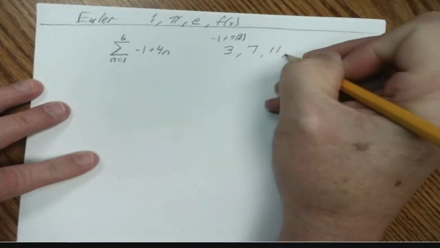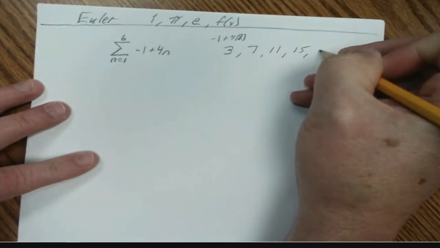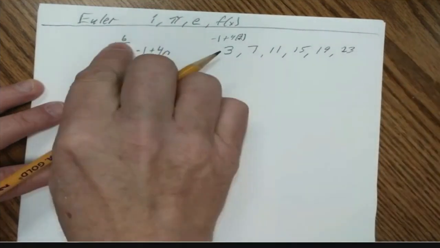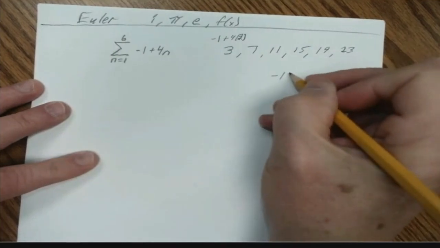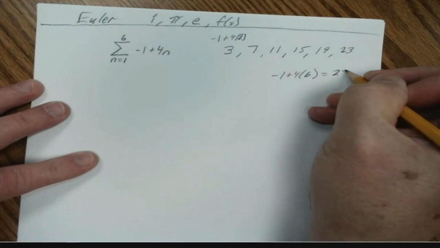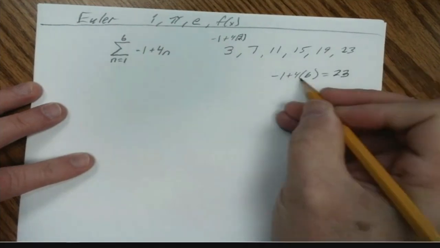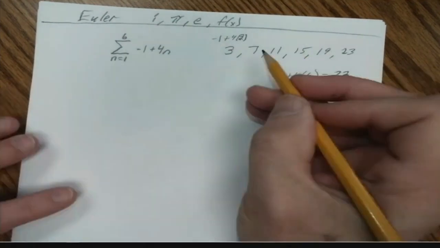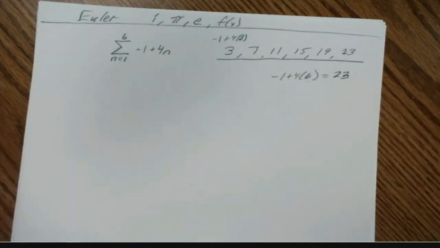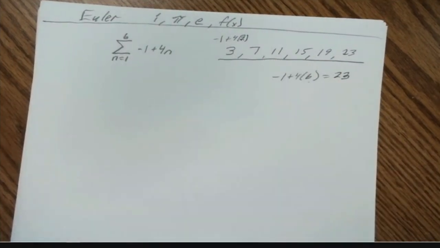So we can see this goes up by 4 each time. Which means when we substitute 6 in there, -1 plus 4 times 6, that's 23, because it's -1 plus 24. So this is sigma notation for this sequence right here, which is obviously an arithmetic sequence. It's just adding 4 each time.